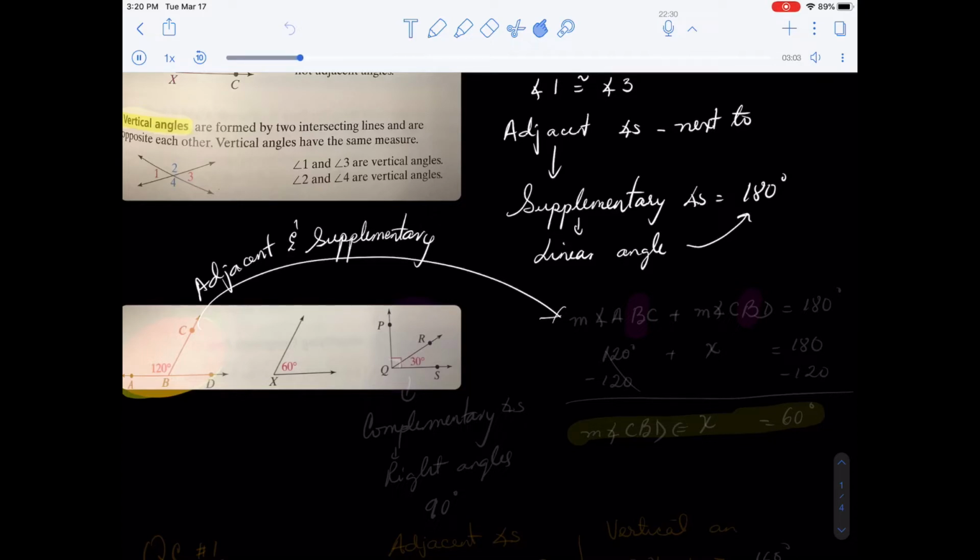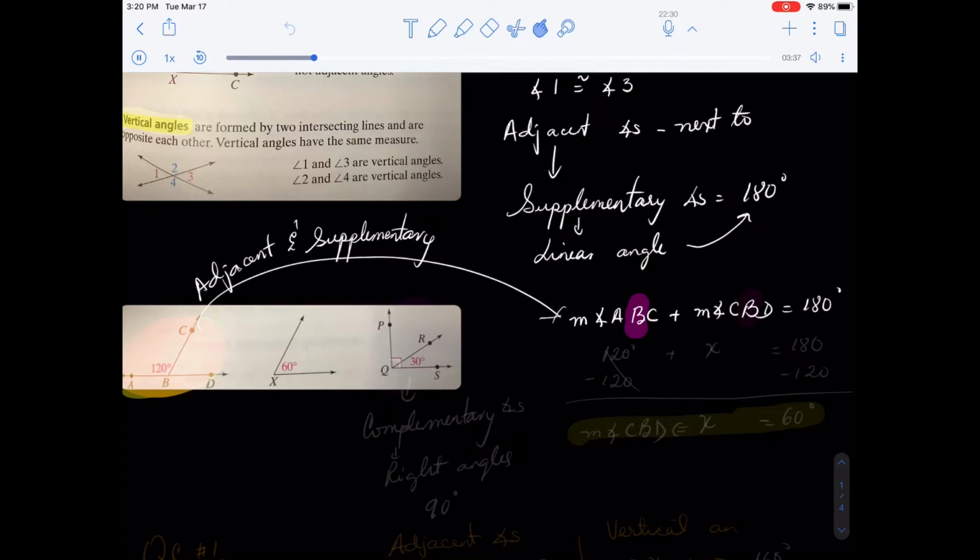Meaning they're next to each other, but they will add up to 180. I can write the measure of angle ABC plus the measure of angle CBD adds up to 180. Okay, these are the important pieces of information that you need to know.